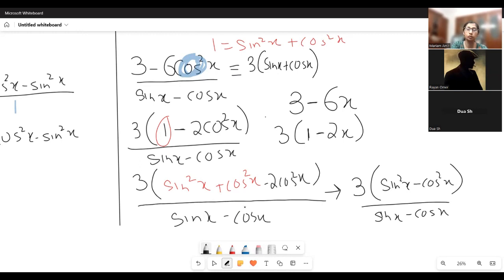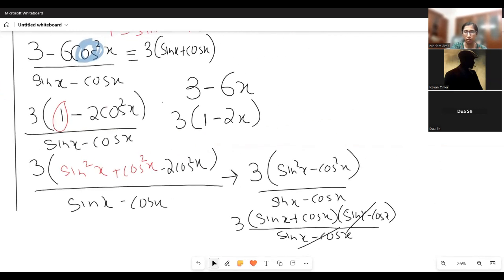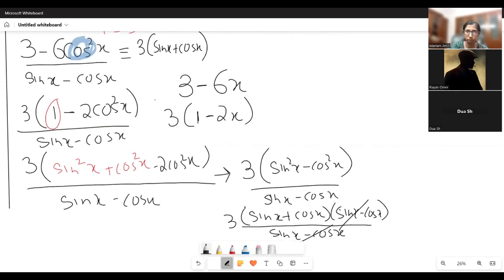And now I'm going to use the algebraic identity: a square minus b square is a plus b times a minus b. This cancels this and we're left with 3 sin x plus cos x. That is what we were supposed to show. So we have 3 times sin x plus cos.